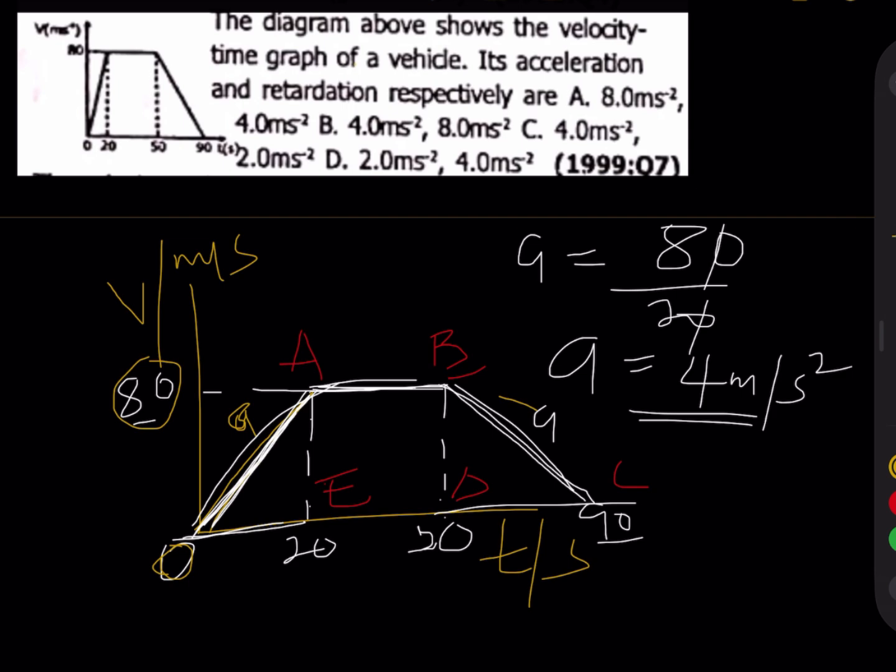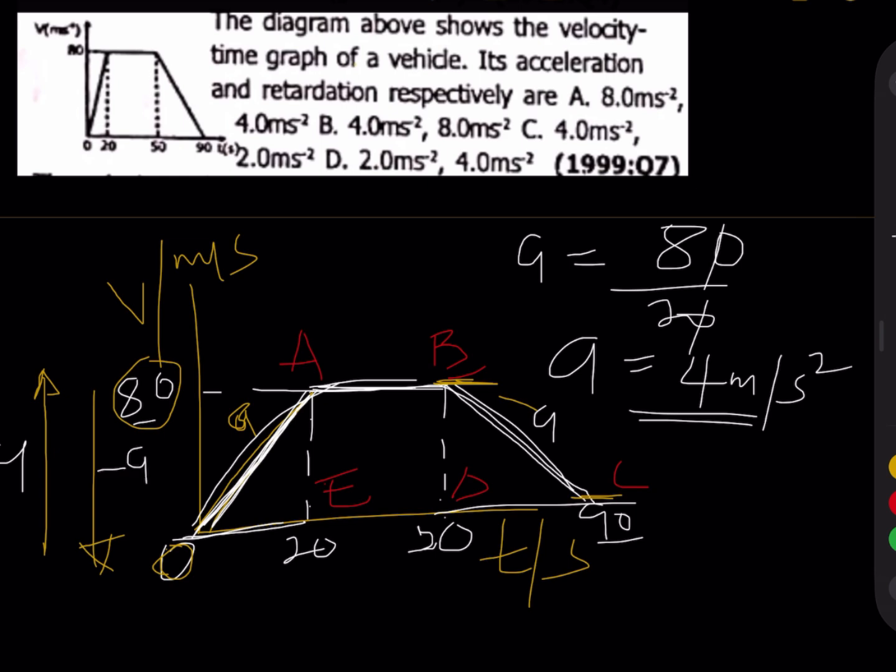That's what we call acceleration. Now for deceleration, the vehicle started from the velocity of 80 down to 0, so it's retarding backward this way. This is acceleration, and this is deceleration, negative, because it is coming down.